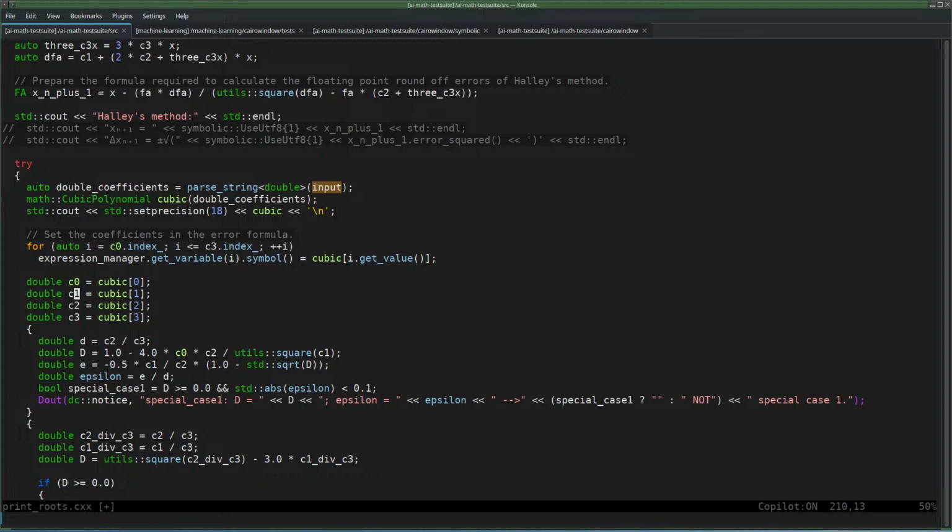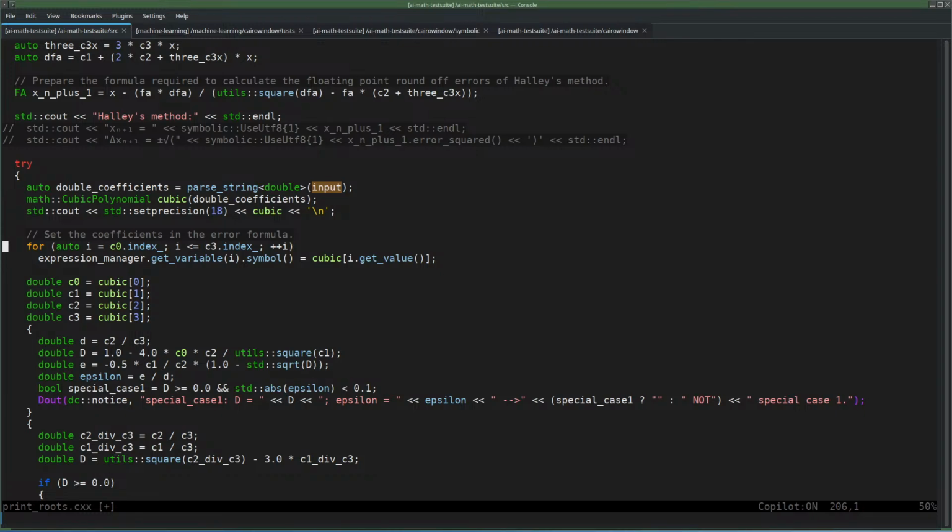Actually, it's the other way around. This C0 index must be 0, and then C1 must be 1, and so on, and this C3 must be 3.